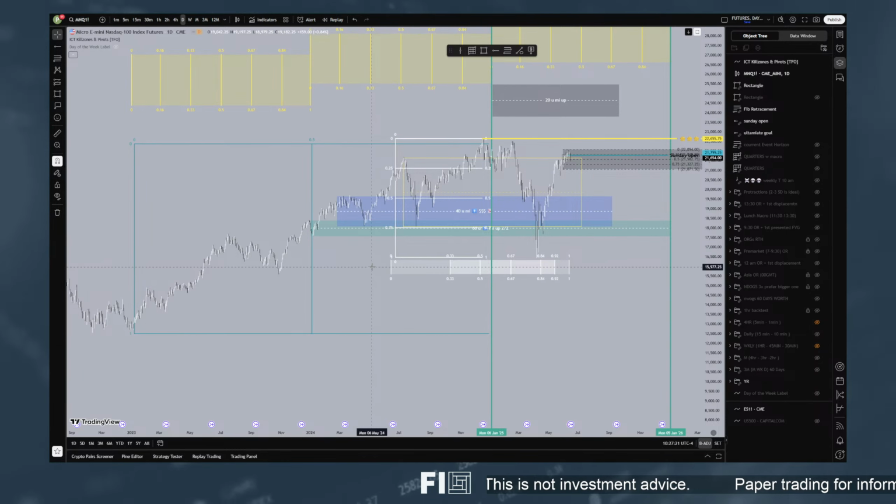Because I've been studying these formations about breakers, failure swings, relative strength, after a while you start seeing that relative strength is one of the most powerful swing highs and swing lows that price can create.